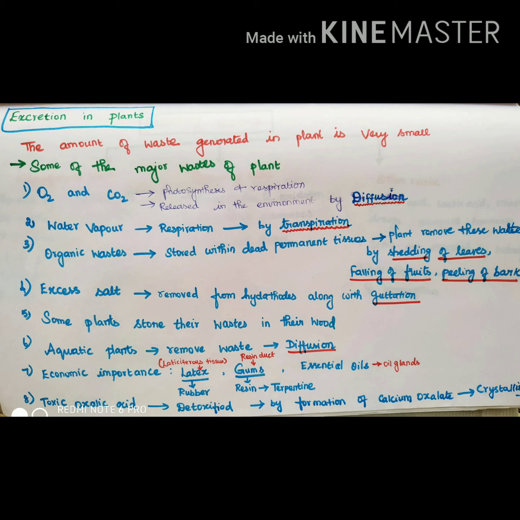Number 6, aquatic plants release waste by diffusion. Number 7, even though they are waste, latex, gums and essential oils are of economic importance. And the last one is toxic oxalic acid, which is removed by the formation of calcium oxalate and released in crystallized form.